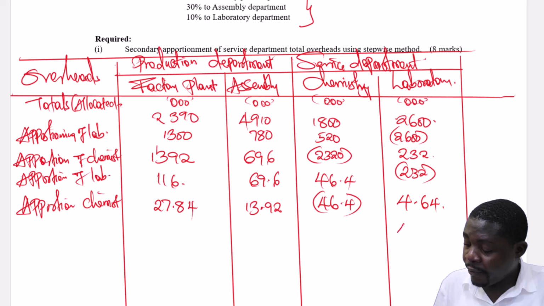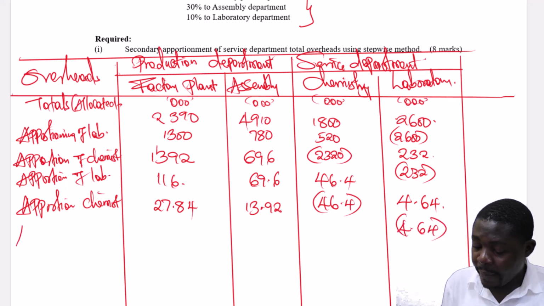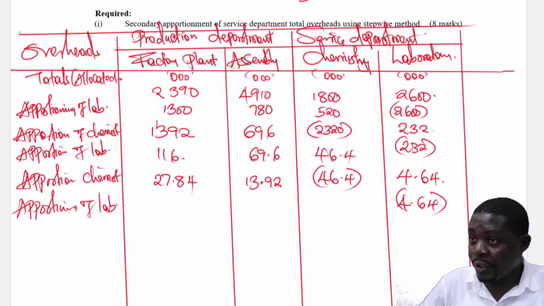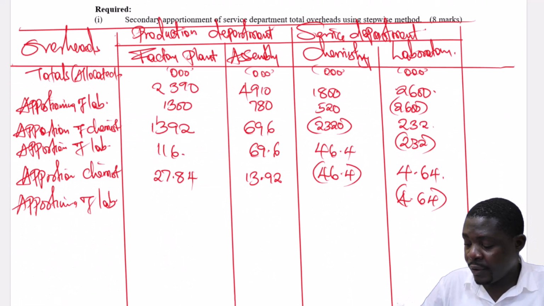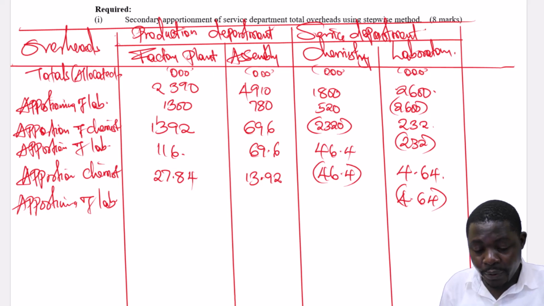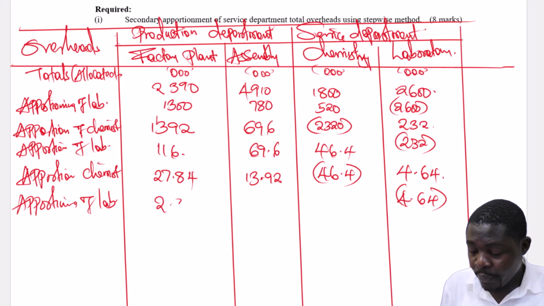Now we have 4.64. We apportion the lab. Apportioning of lab, we use the other ratio. It was 50, 30, 20. 0.5, we are multiplying 4.64. You get 2.32. Right?